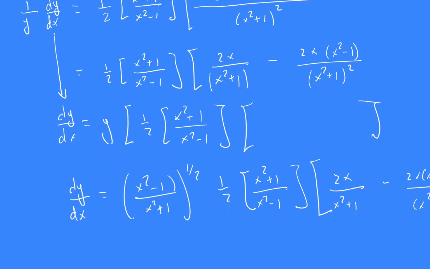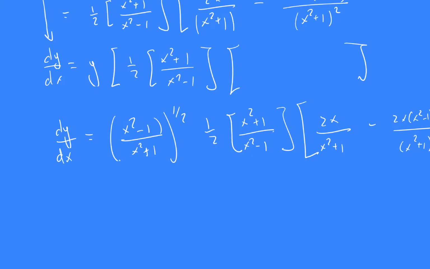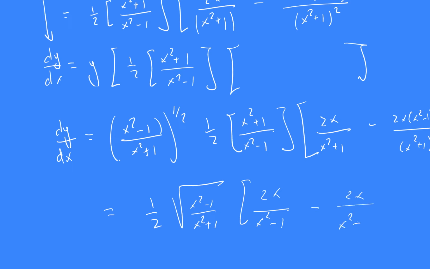And if you reduce a little bit, this will be 1/2 square root of (x squared minus 1) divided by (x squared plus 1), and will appear 2x (x squared minus 1) minus 2x (x squared plus 1).